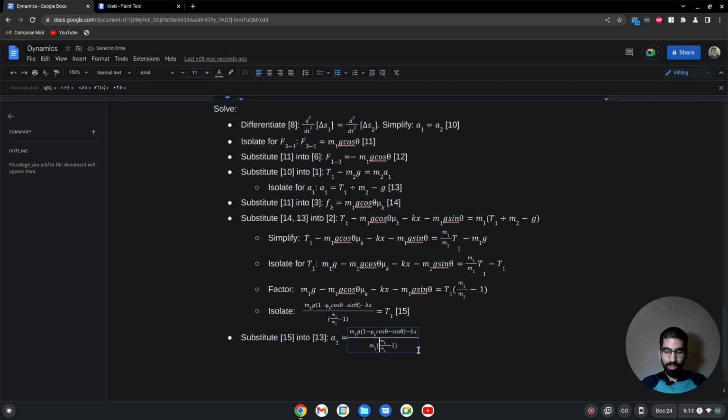Let's simplify this a bit. So m1 over m2 over m2 times m1 over m2. The numerator and denominator just cancel out, so we have m1, and over here we have m2. Here we are. Minus g at the end. Cool. So let this be equation 16.